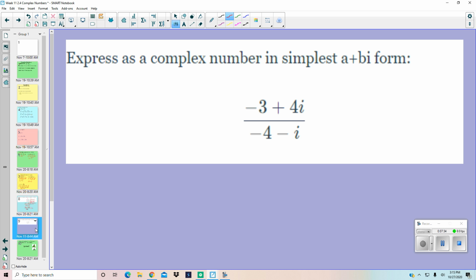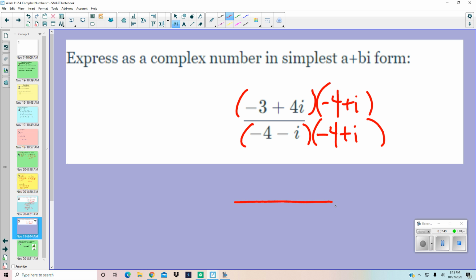Okay, let's do another one. This one's actually easier because the numbers are smaller. So I multiply by the conjugate, which is negative 4 plus i. So in the numerator, I'm going to get 12 minus 3i minus 16i plus 4i squared. In the denominator, I'm going to get 16.